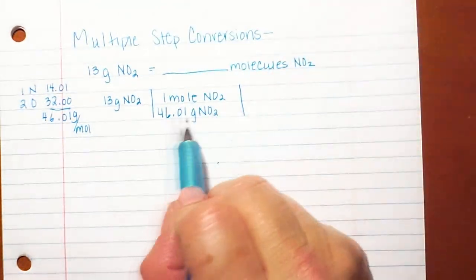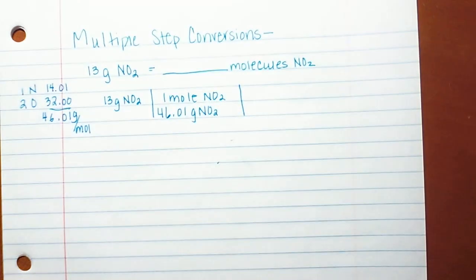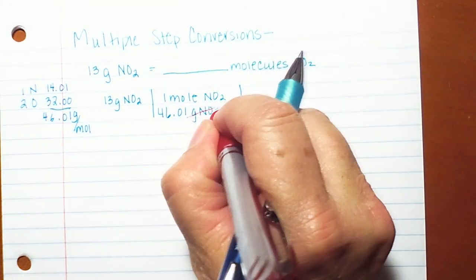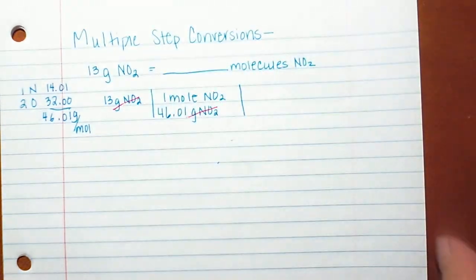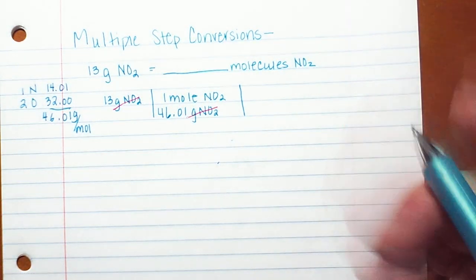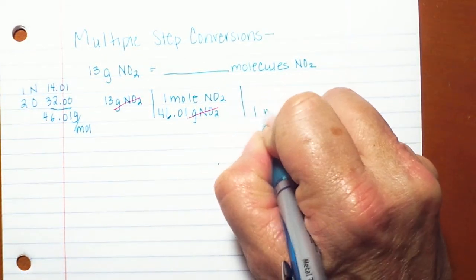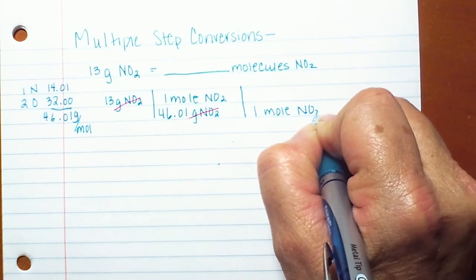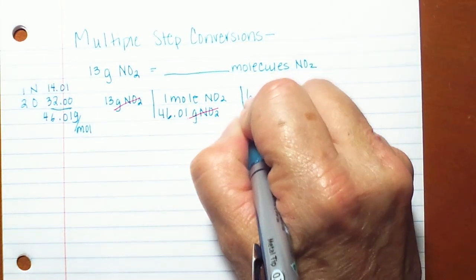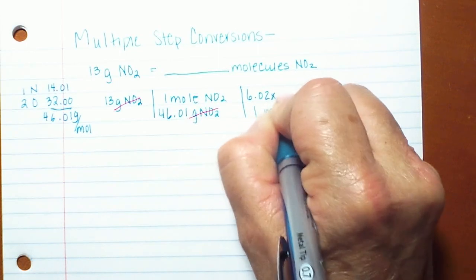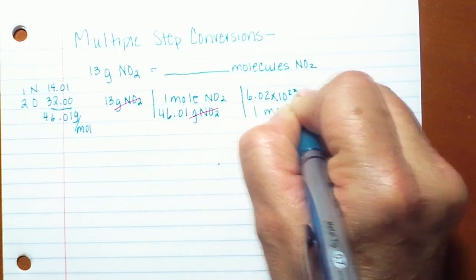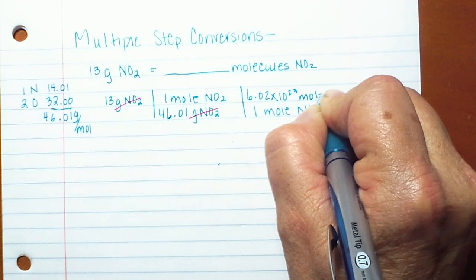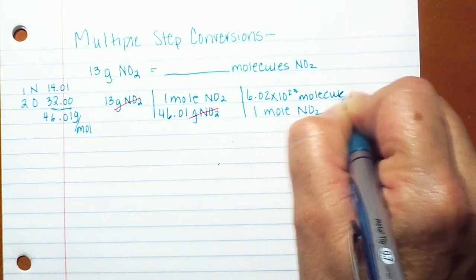If I have this and I've canceled out my grams, I'm left with moles, whatever that calculation is. And so now I'm going to say that if I have 1 mole of NO2, that is going to bring me to 6.02 times 10 to the 23rd molecules of NO2.